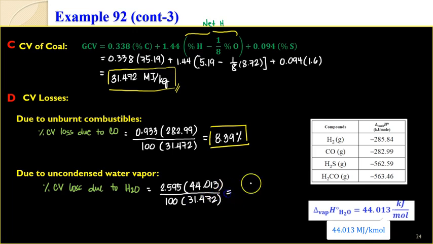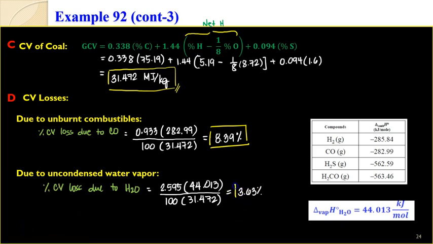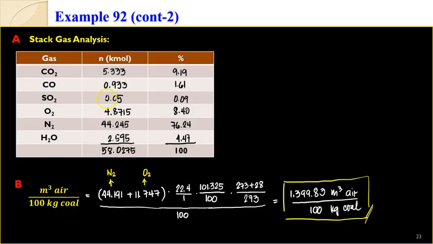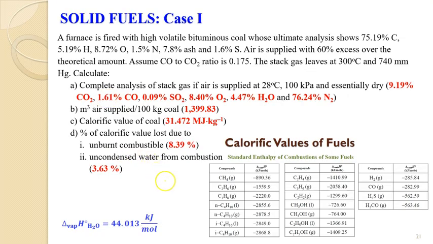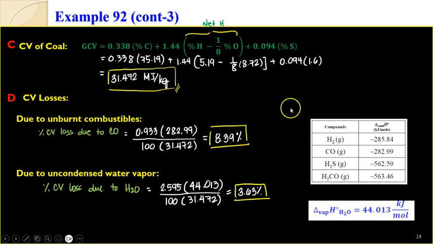So the final answer would be 3.63% lost due to the uncondensed water vapor. Let's see if our answers are correct. 8.39 and 3.63. So I hope you understand my solutions. Good luck in solving. Thank you very much.